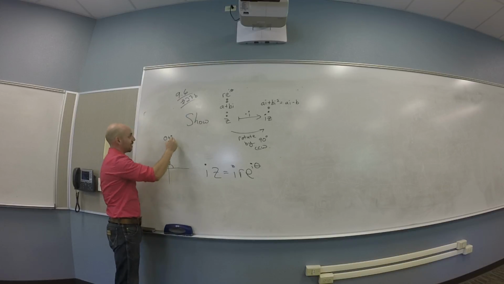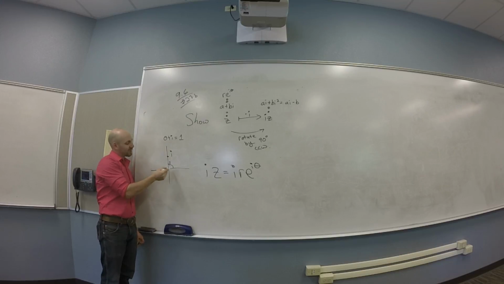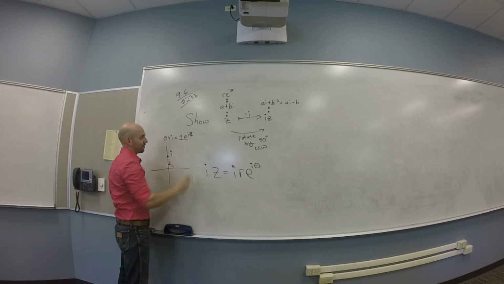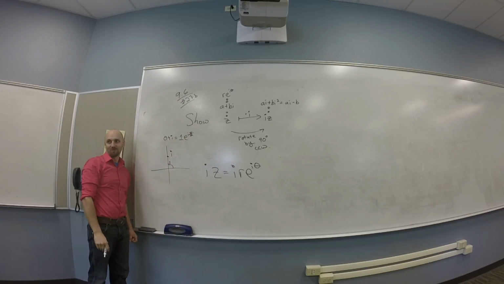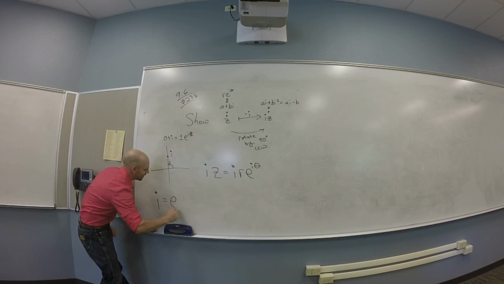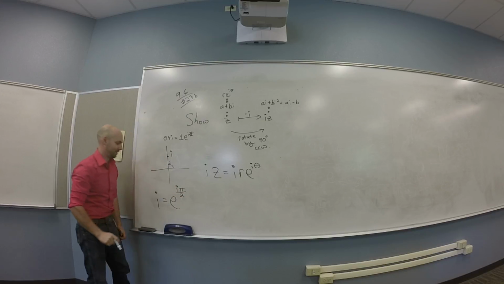So my claim is that i's radius is 1, and then what's the angle? 90 degrees. So e to the i pi over 2. That feels really screwy, right? What I just told you is that i is e to the i pi over 2.